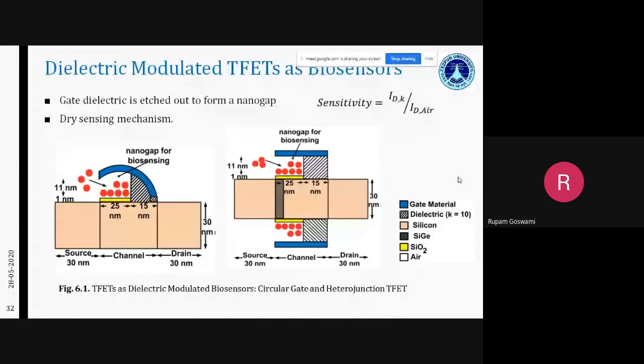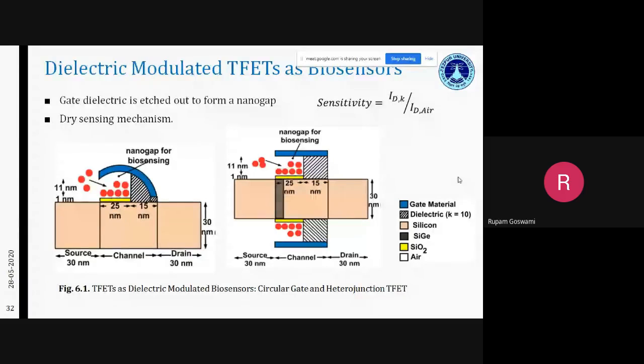But there are a few things here which you need to understand. First of all, the 1 nanometer of yellow color which you see is your SiO2. This is the sacrificial layer, which often comes into account during the processes.